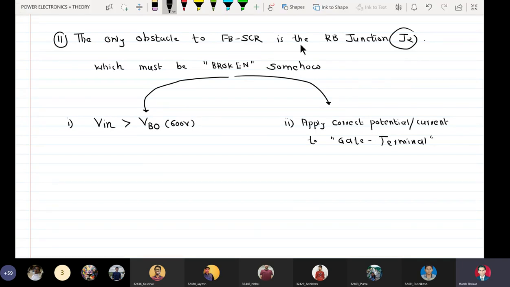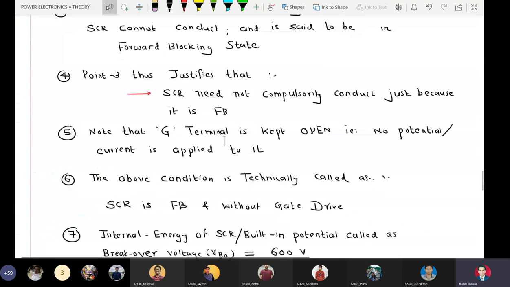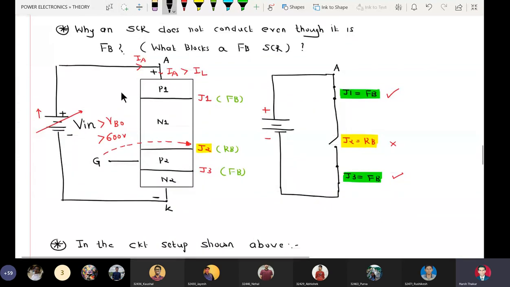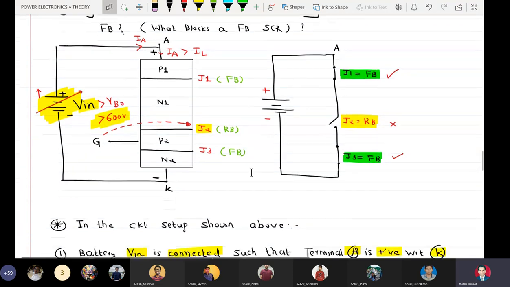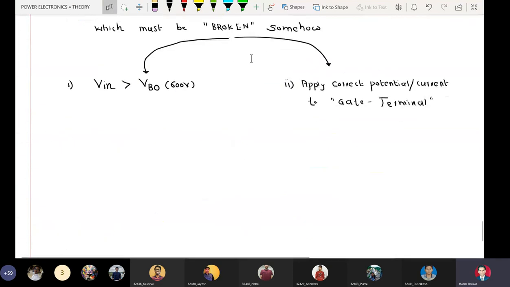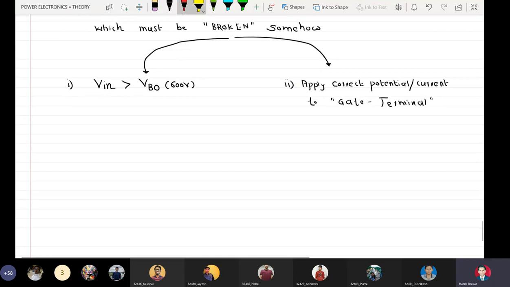Now understand one thing, that this battery which we are seeing here is nothing but a power supply. Can you imagine having a power supply with a value of 600 volts? It's just not possible. I will tell you why. Now we will discuss what is feasible.